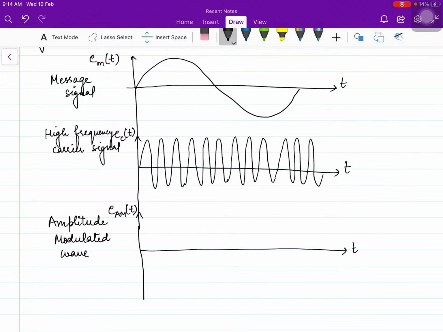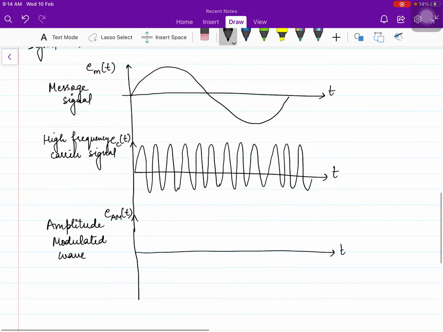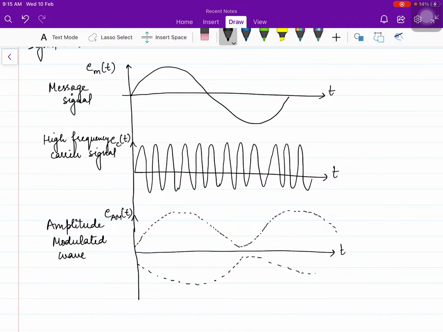First, draw the envelope. Look at the message signal very clearly. Wherever the message signal rises, the envelope will also rise, and wherever the message signal goes down, the envelope has the same shape as the message signal. So this is the envelope. Don't touch this envelope up to the x-axis.